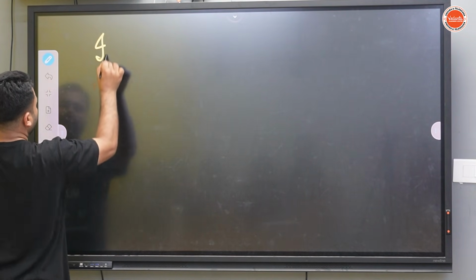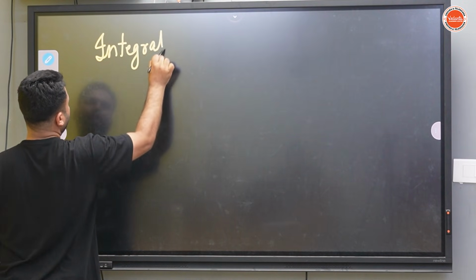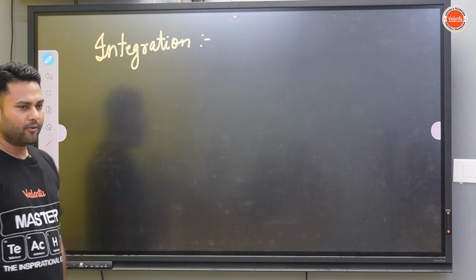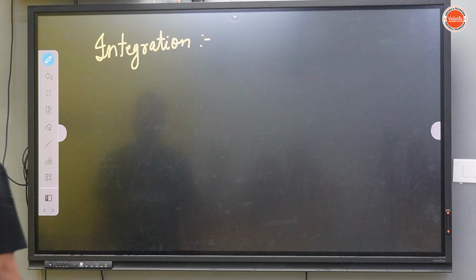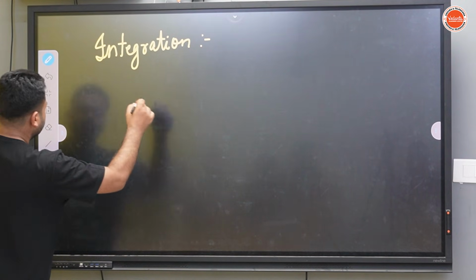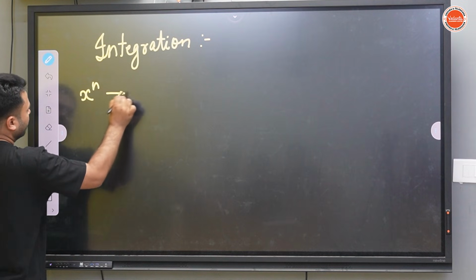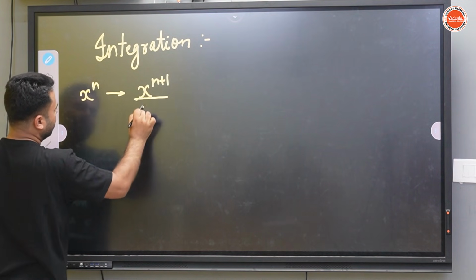Okay, next is integration. Some basic formulas I will tell you. The integration of x to the power n is x to the power n plus 1 divided by n plus 1.